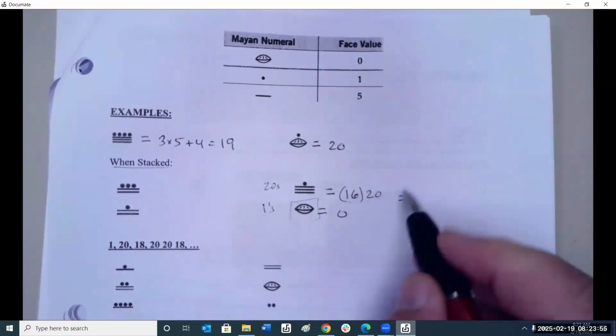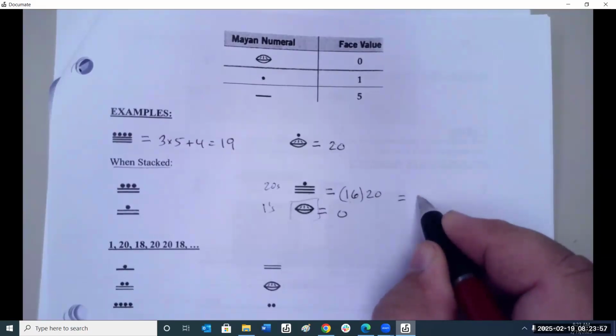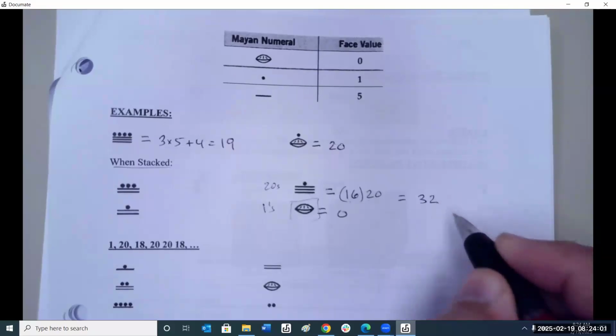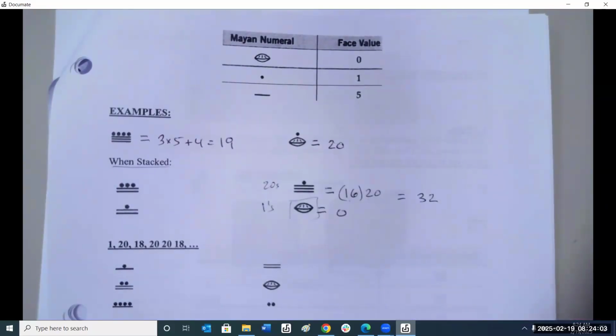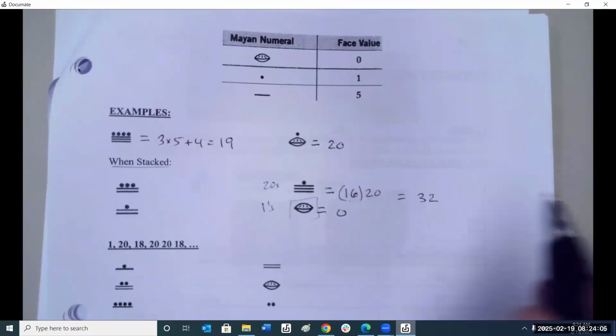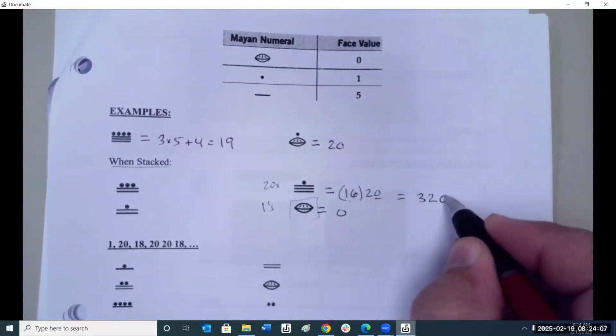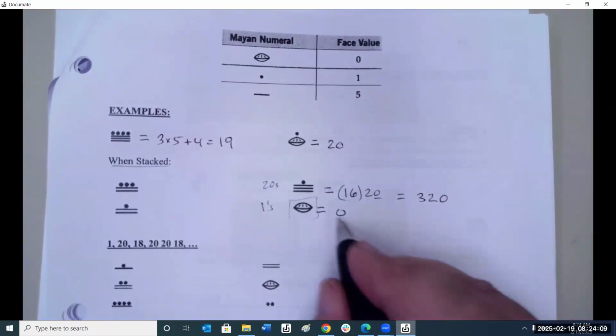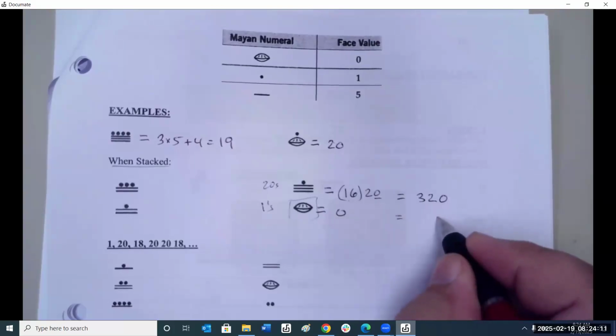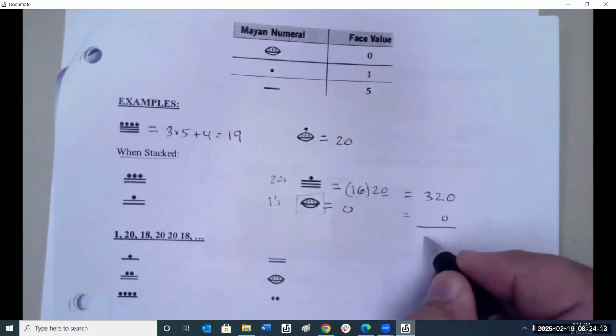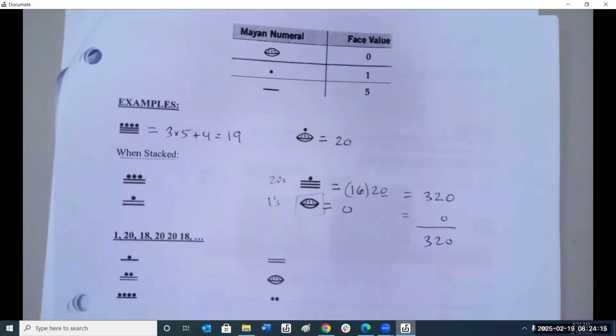What's 16 times 2? 32. And then put a 0 behind it. So it's 320. And then the next number is 0. When you add them together, you get 320.